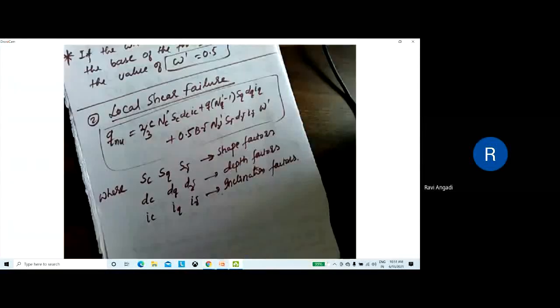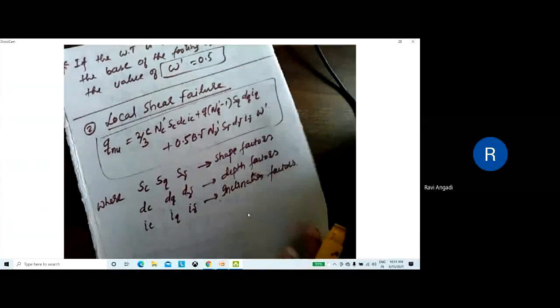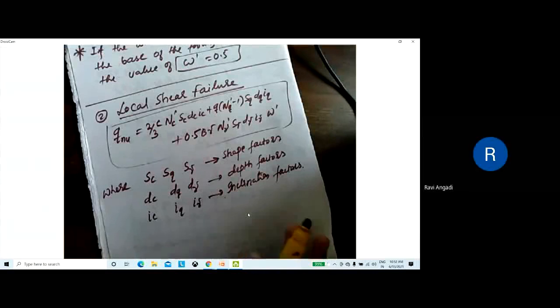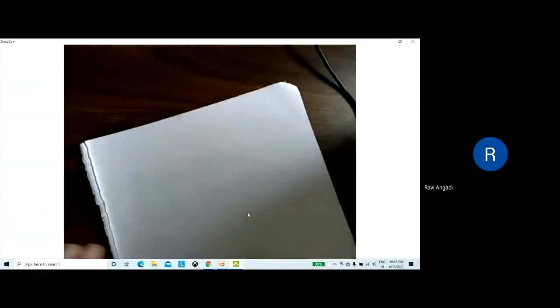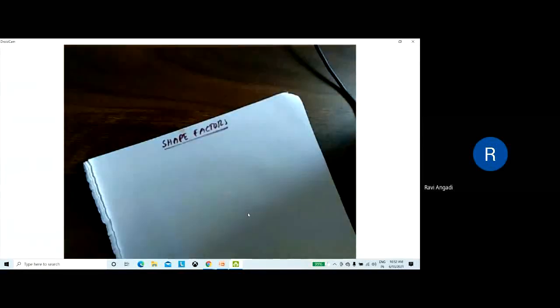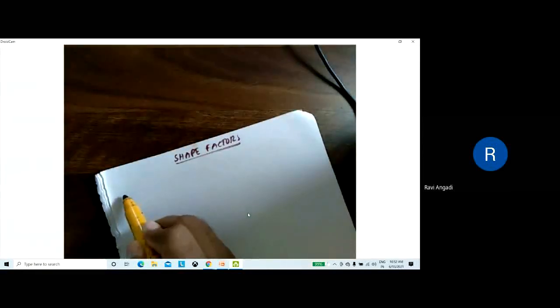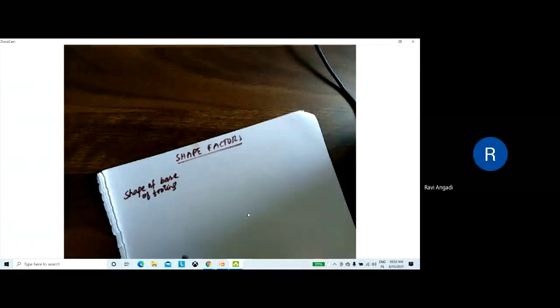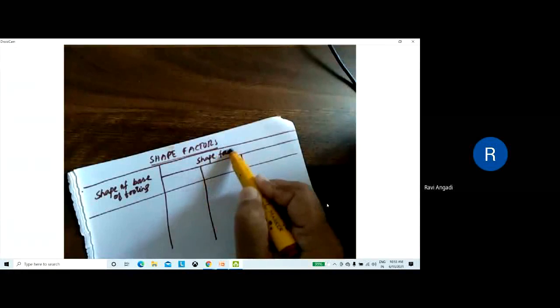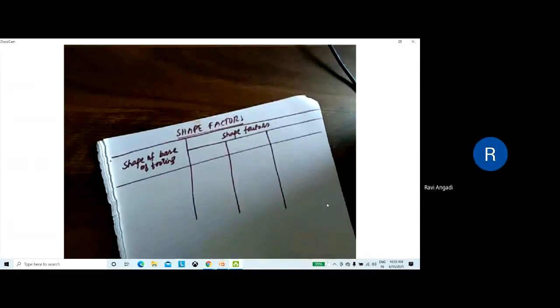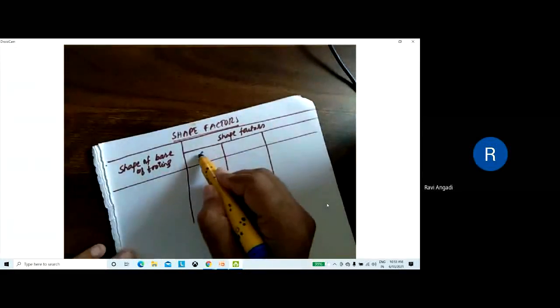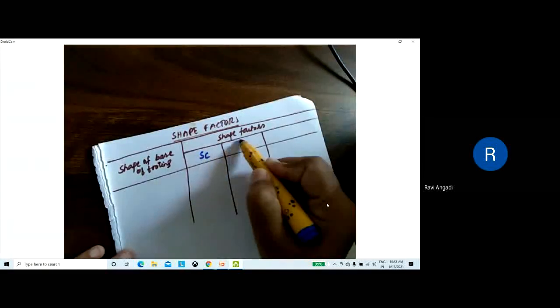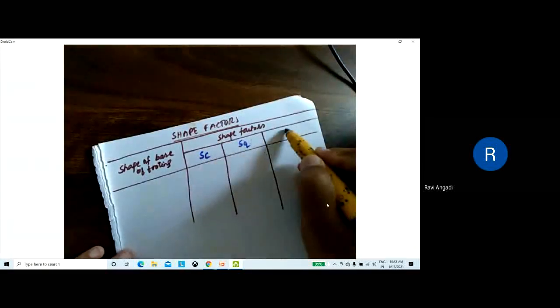Right. Okay. So with this, we will first calculate the shape factors. Next, just make one table. I will give the shape factors. Here, first you write the shape of base of footing, then shape factors, and in this column you write Sc, Sq and S gamma.